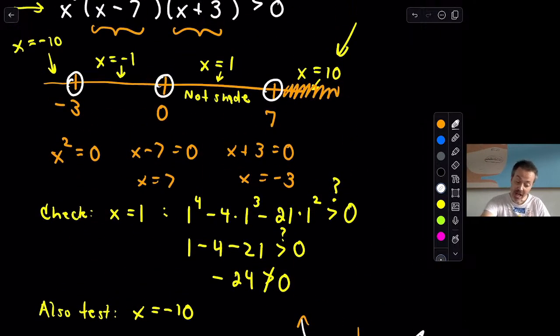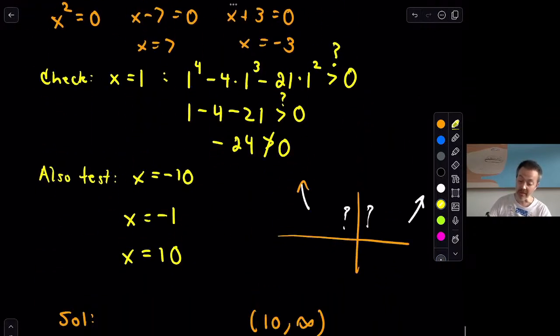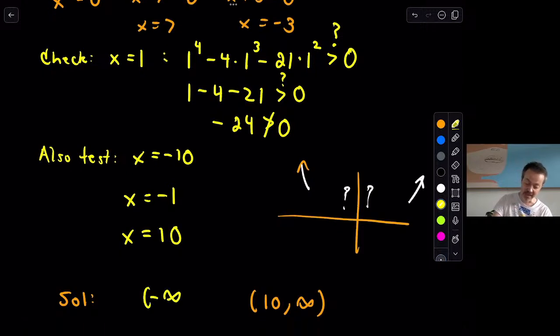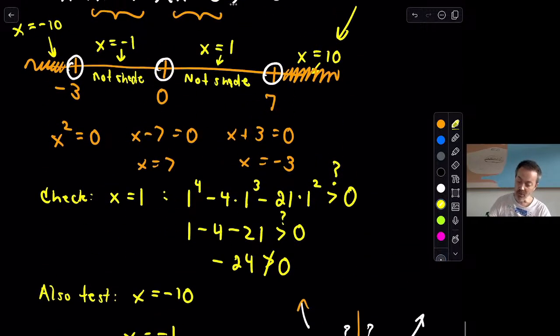So it should automatically work here. That makes sense. And it shouldn't work for the middle ones, right? So it looks like the solution set should be the first interval from -infinity up to, and also be careful.